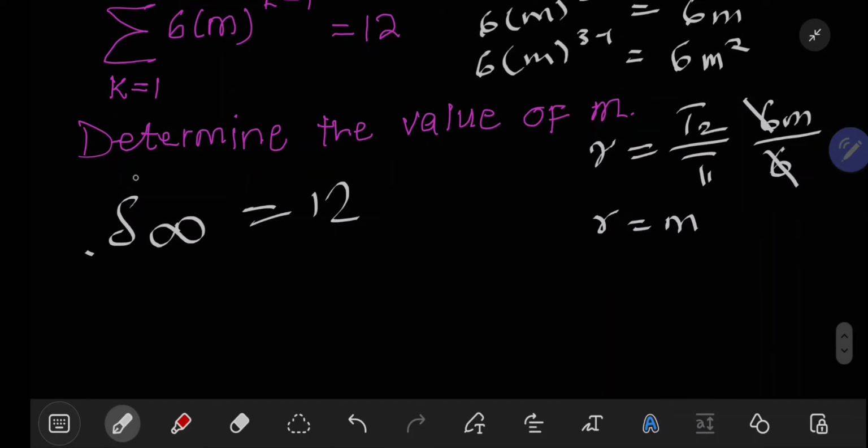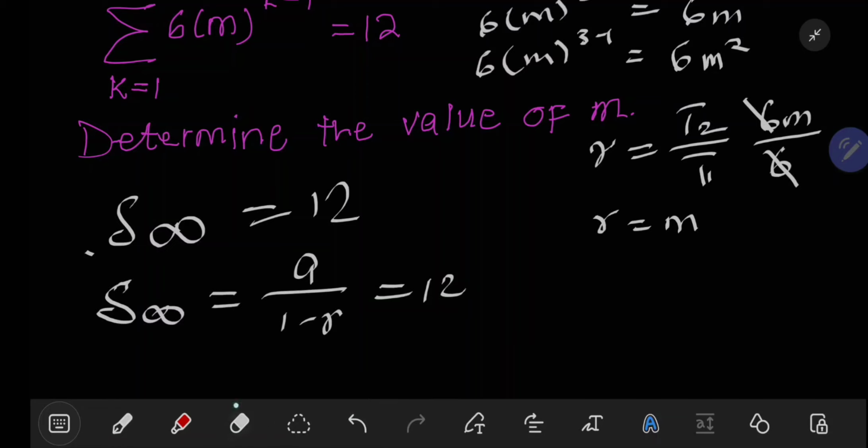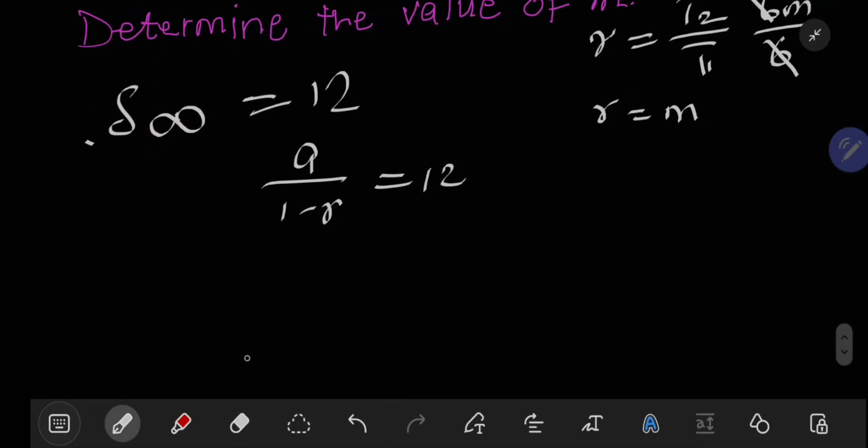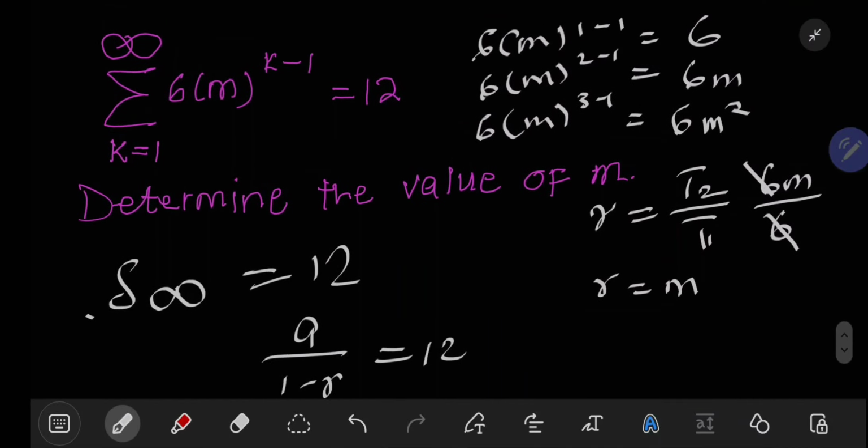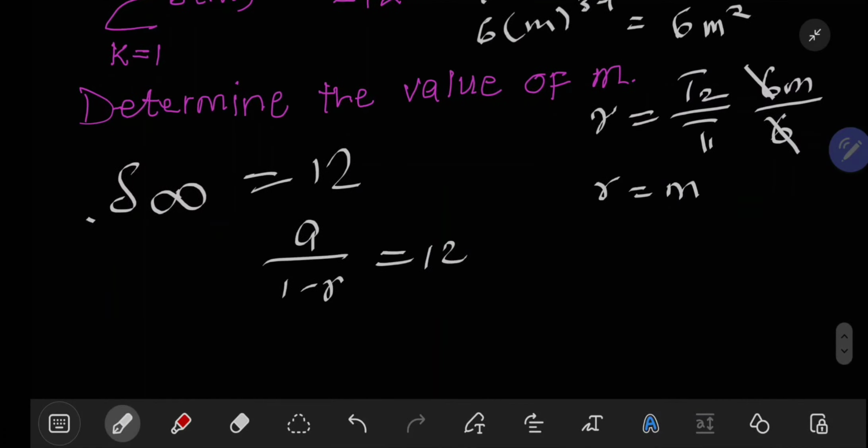We know the formula for the sum to infinity: it says sum to infinity is equals to a over 1 minus r, and this expression is equals to 12. Our a value, the first term, is 6. So we're going to have 6 divided by 1 minus our r value, which is m, and this is equals to 12.